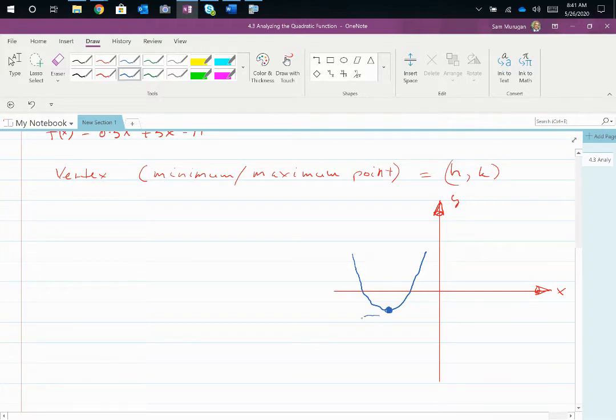And that minimum point would be the vertex, given the coordinates h and k. And if the graph was perhaps turned this way, turned downwards, it would have a maximum point that would still be called the vertex, h and k.